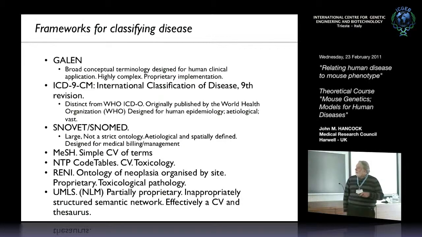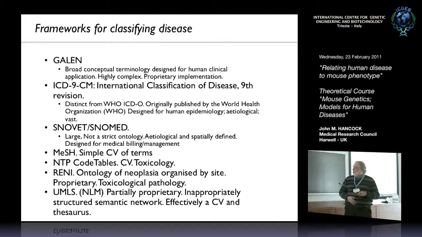SNOMED, which is widely used, and its accompanying SNOVET, is a structure which is basically designed for medical billing. So it has lots of concepts in it which are not diseases. It's like, fell off his bike. So he fell off his bike and broke his leg, because that's an insurance term, sort of. So there are things in there which are not diseases, which makes life more difficult.